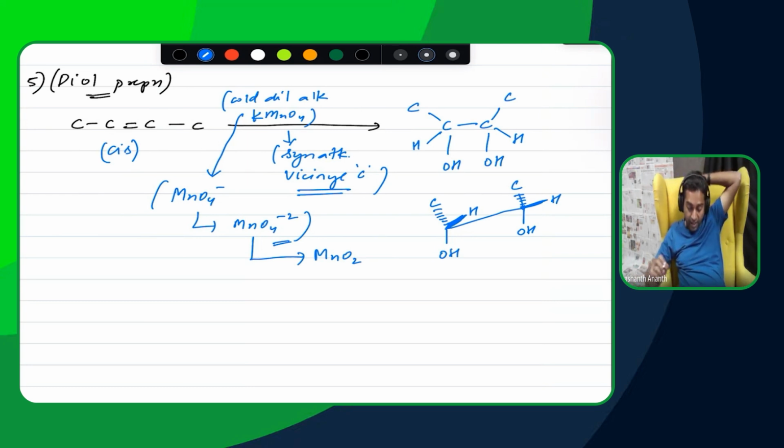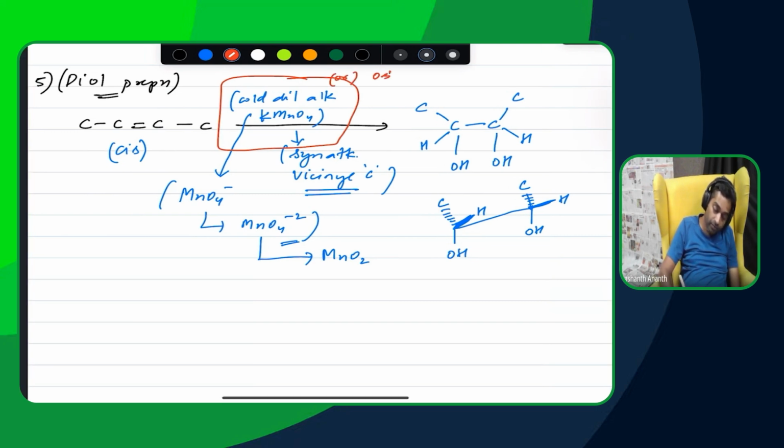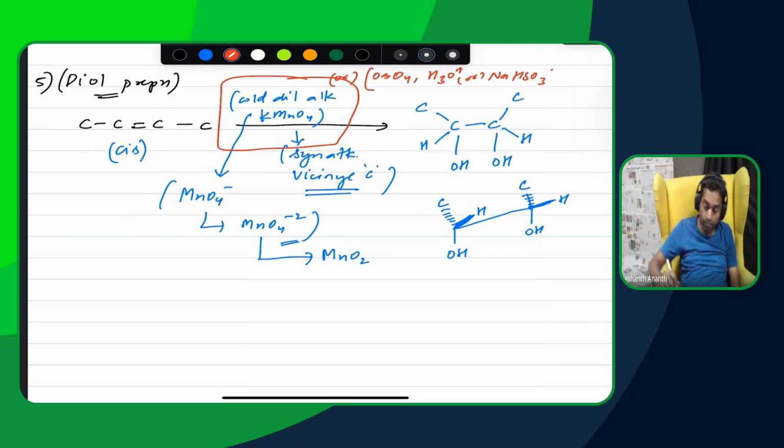The same thing here can also be obtained by using a different reagent instead of this. What is the different reagent you can use? You can use osmium tetroxide followed by sodium bisulfite.